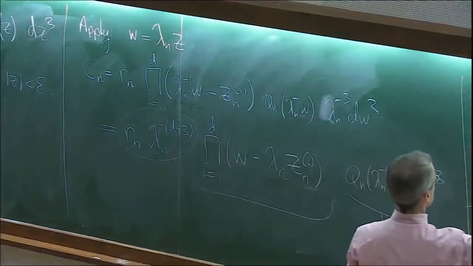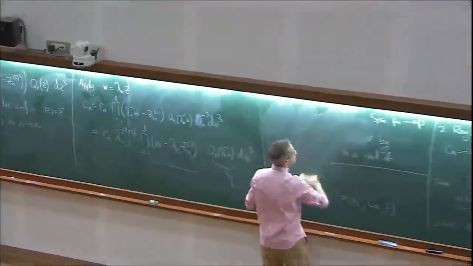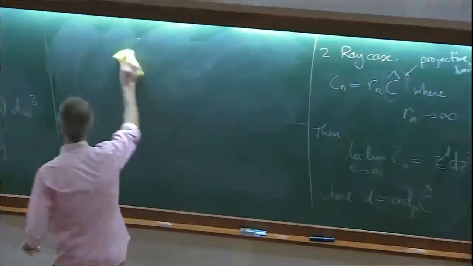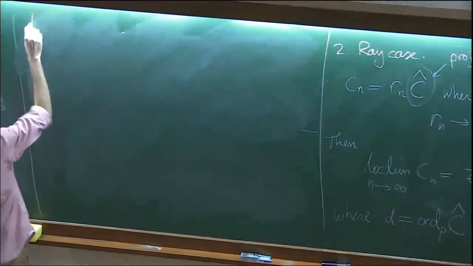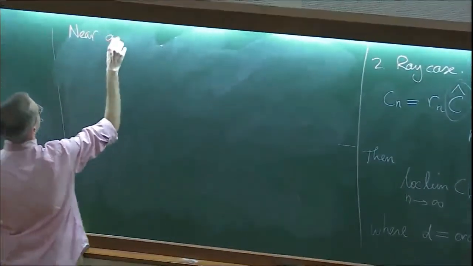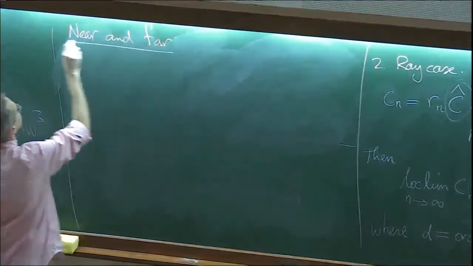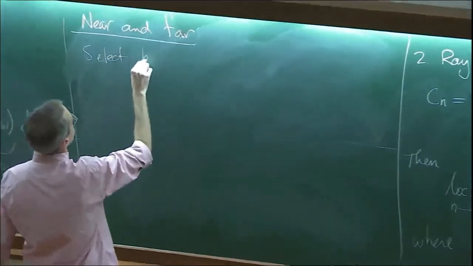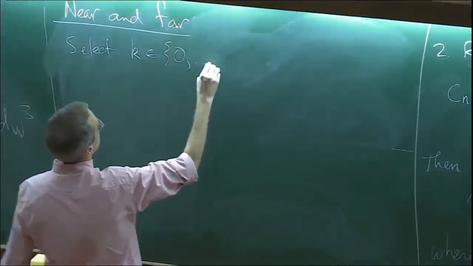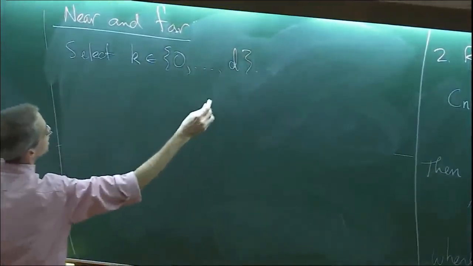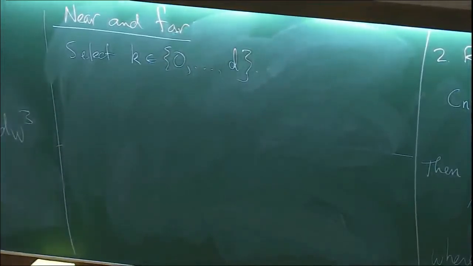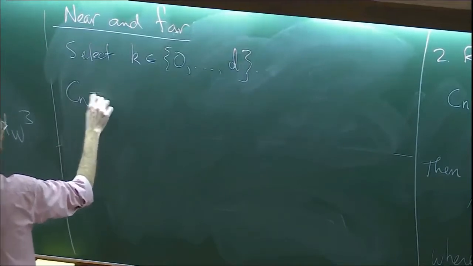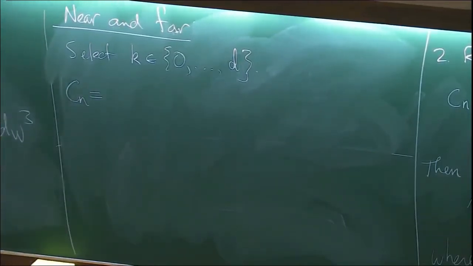So let me tell you what fixes that. You have to distinguish between near and far zeros. So let's select some number k between 0 and d. And then let's do the same kind of factoring out, but let's only apply it to the first k terms.